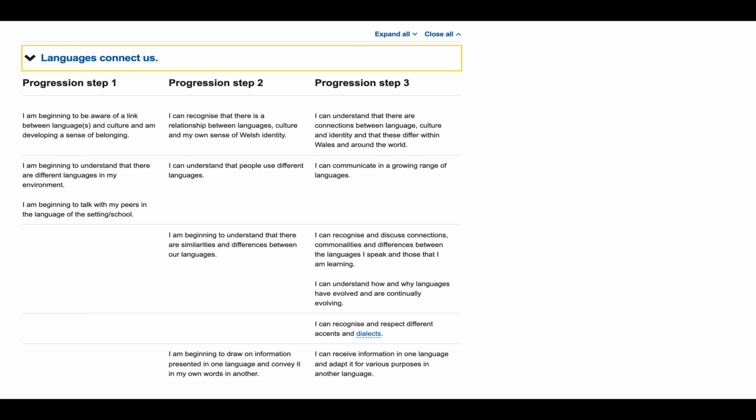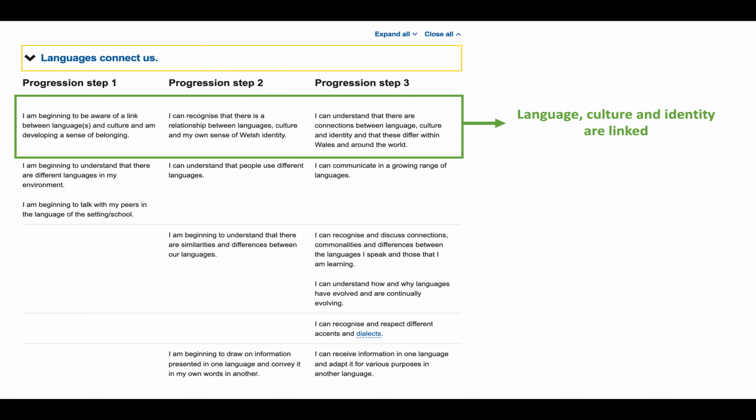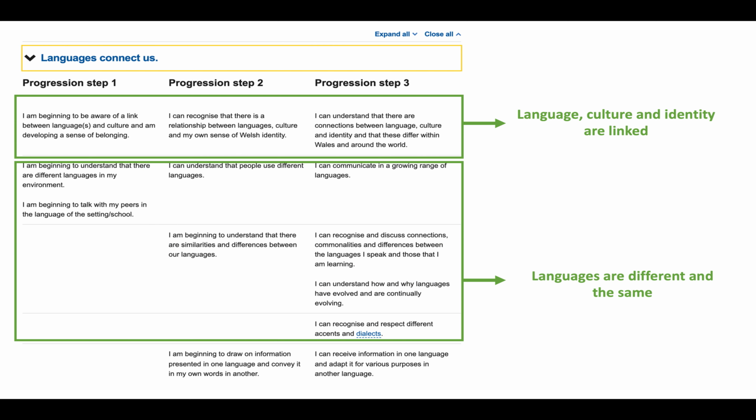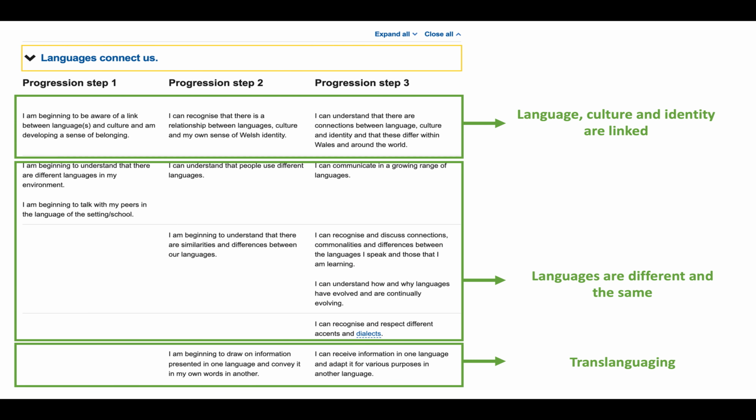For example, in Languages Connect Us, the strands of progression that have been identified are language, identity, and culture are linked; languages are different and the same; and finally, translanguaging.